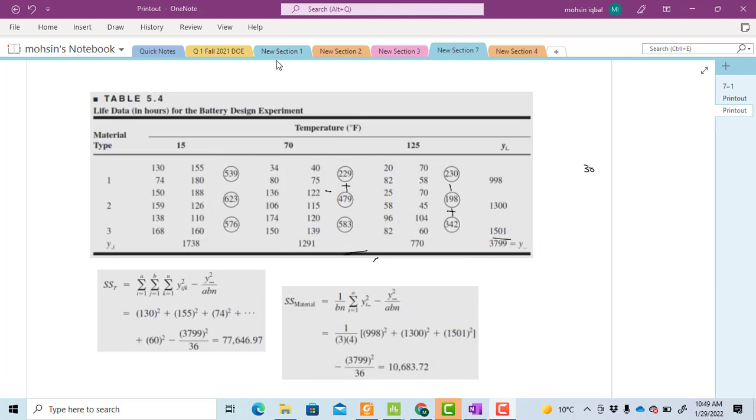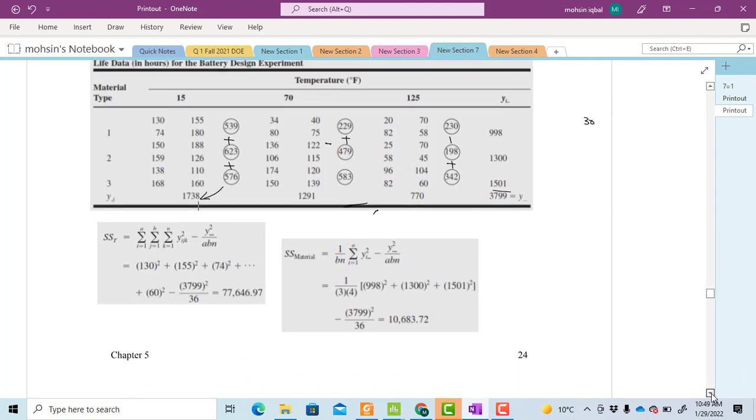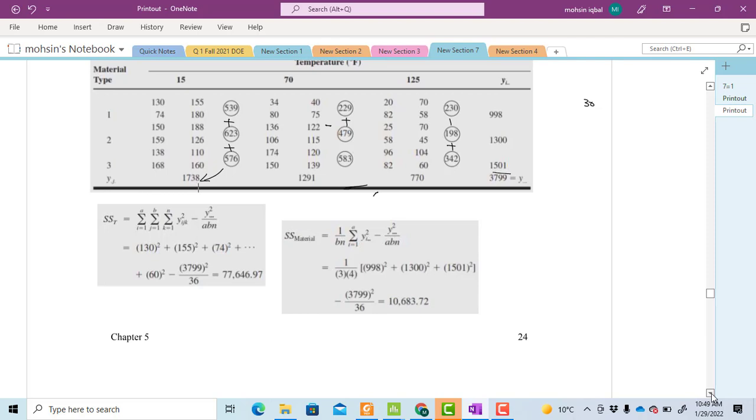At the second stage, we will take the summation of 539, 623, 576. We got these summations for the columns, and then we will take these values in order to calculate the sum of squares. We will get the sum of squares for the second factor, that is temperature.